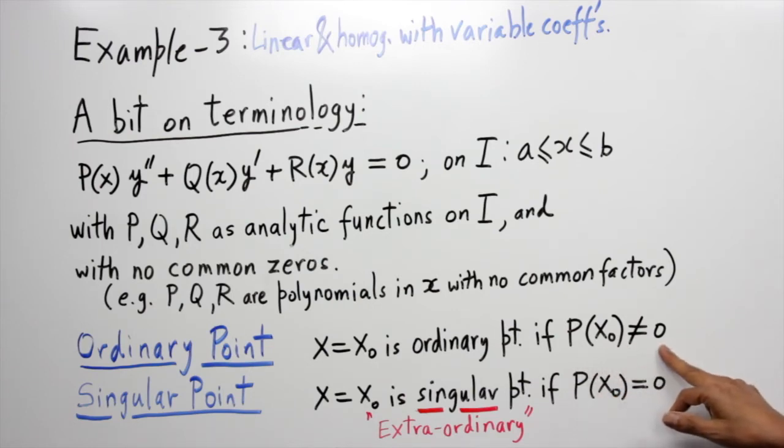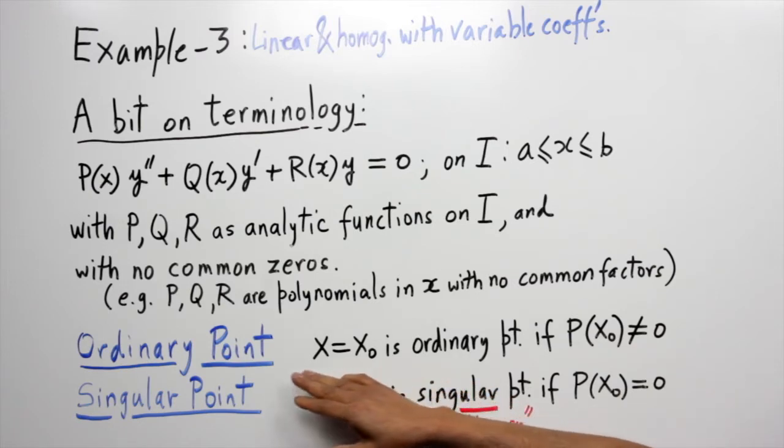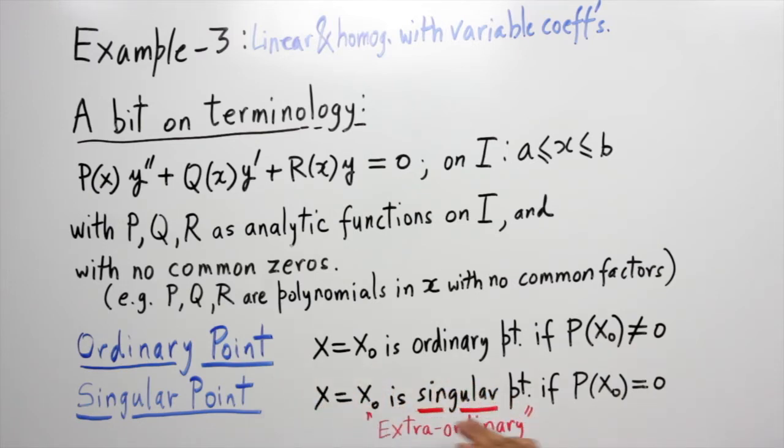If it does not vanish, then the equation in some sense, qualitatively speaking, is very well behaved, is very smooth, and so on. And so the point x equal to x0 is called an ordinary point. This is to be contrasted with the situation where the function P of x0 does vanish. When it does vanish, then some interesting things happen.